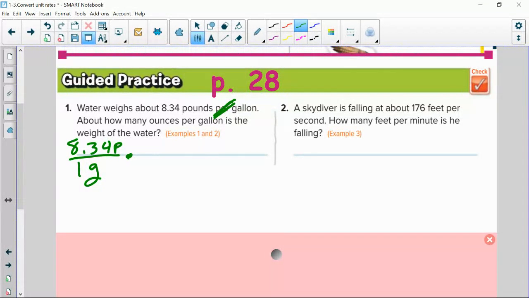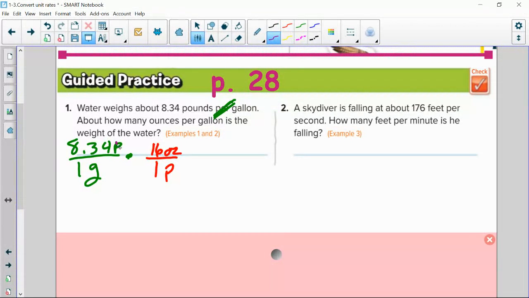Okay, well, what are we wanting to change? We're wanting to change from pounds to ounces per gallon. So when we think about this, well, to make 1 pound, how many ounces is that? Well, if you look back at our previous page, there is 16 ounces per pound.